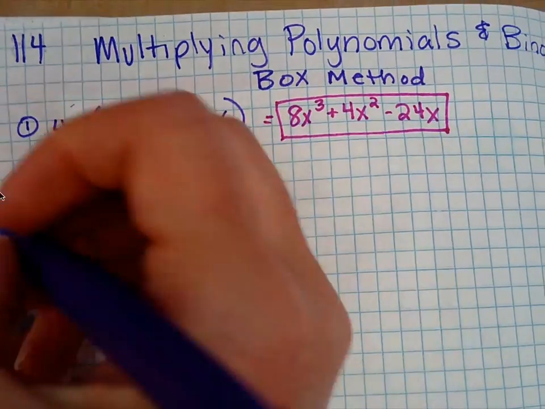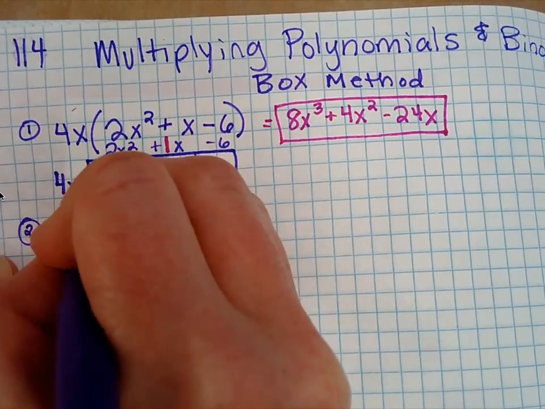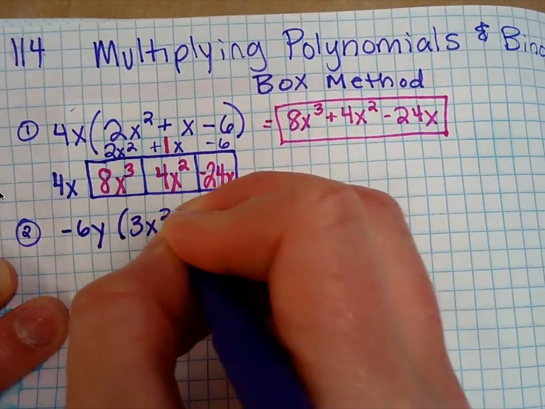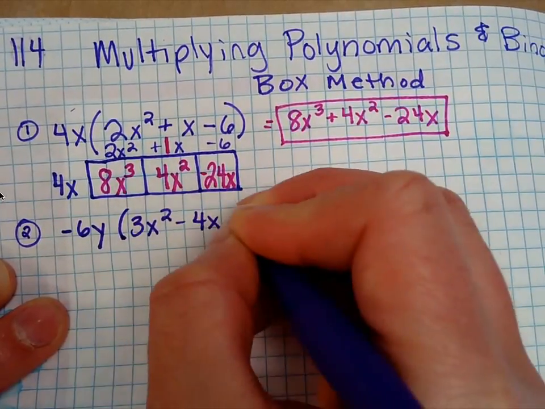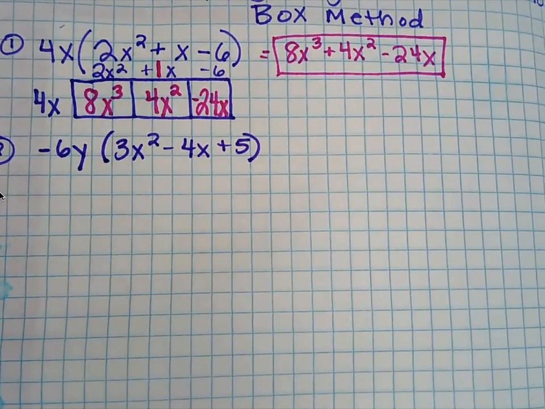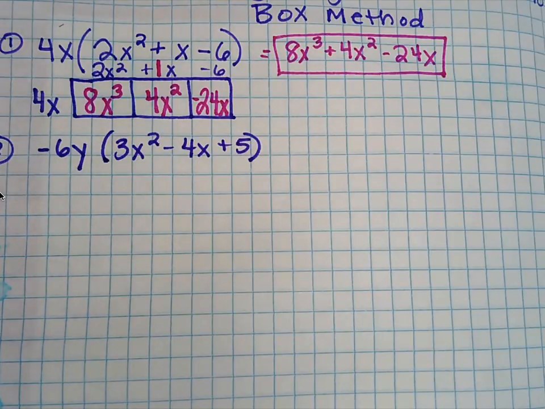So let's do the second one. This one is negative 6y times (3x squared minus 4x plus 5). So we're going to do the same thing.